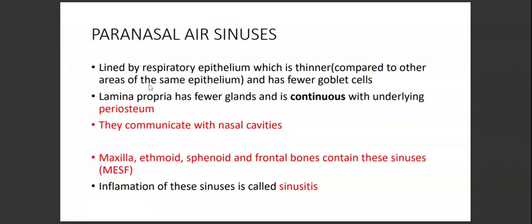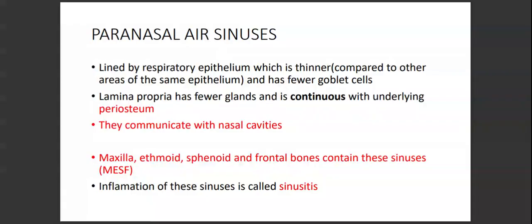Okay. So I'm sure some of you have experienced this when you have flu. When one has flu, what you call rhinitis, you find that these paranasal air sinuses are blocked. Mucus collects in them.